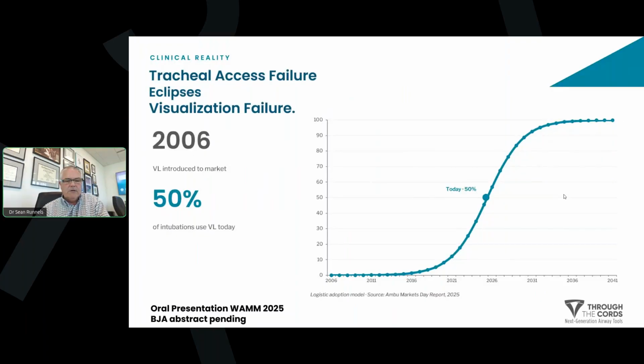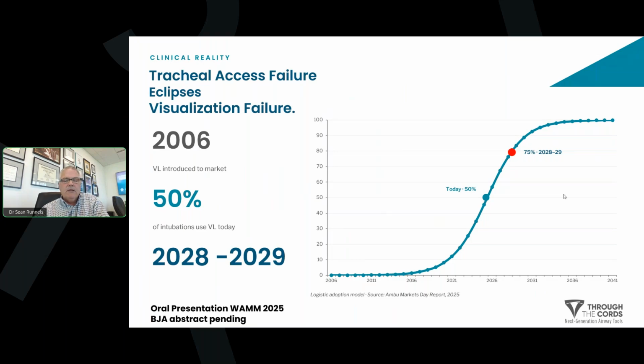So this was part of the same oral presentation. This is back to our adoption curve. We're at 50% now. 75% comes in 2028, 2029. So we have the privilege of seeing the main problem of the future, and we have some time to prepare for that. With equipment, we need a tracheal access classification system that's analogous to the Cormack-Lehane system, so that we can start to study tracheal access in an organized fashion.